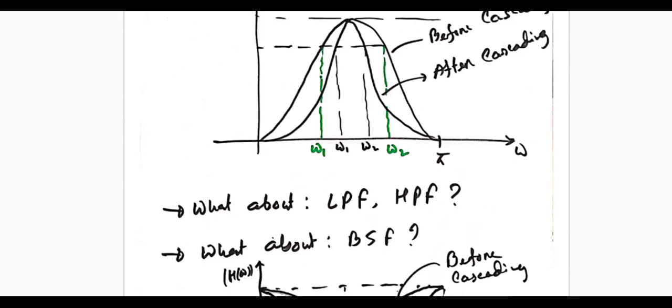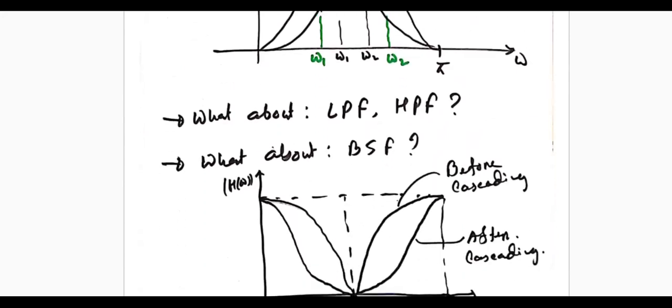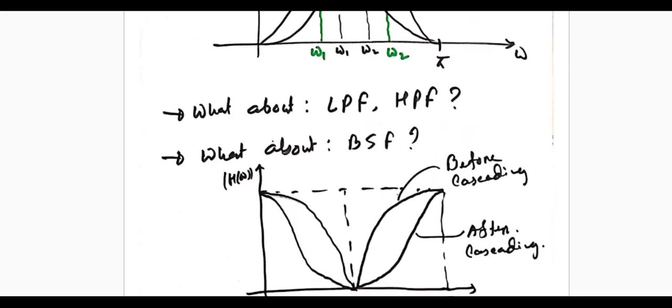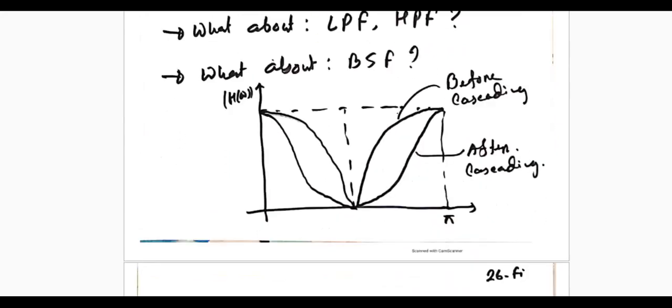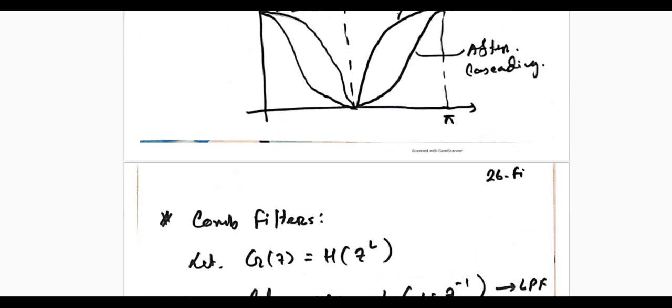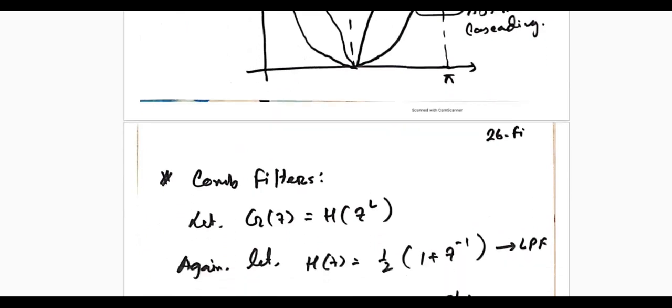However, for the band stop filter, that will reduce the quality of the filter. So we have already discussed it with a graphical example. In case of IIR filter, you can control mostly the pole location. By controlling the pole location, you can improve the quality of the filter.